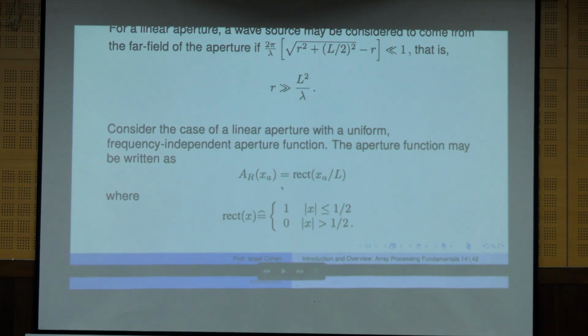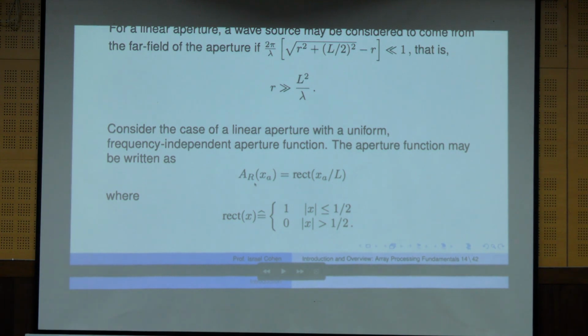which is very good. And the following question will be, can we design the aperture function or the directivity of the aperture in order to emphasize sources from certain directions? And how to do that?